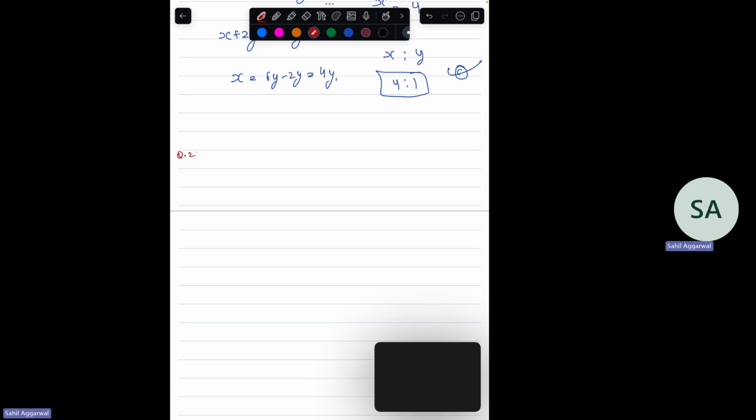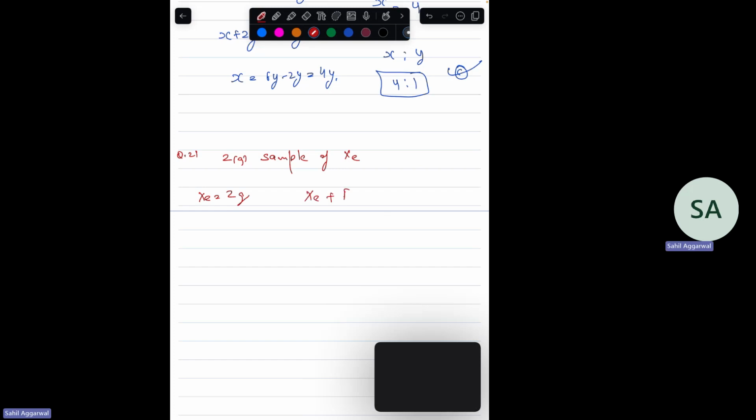We'll take question number 21. A 2-gram sample of xenon, that means xenon is given as 2 grams, reacts with fluorine.